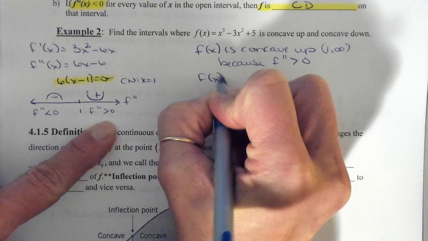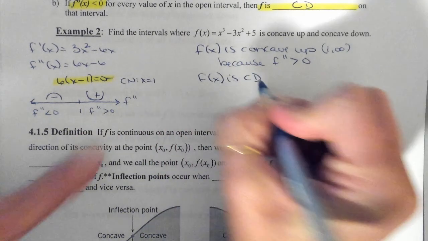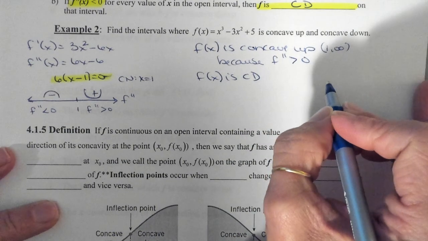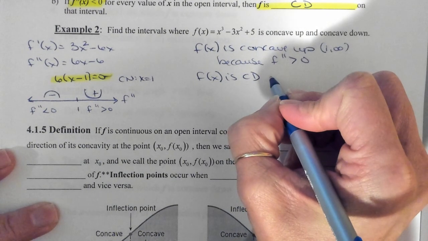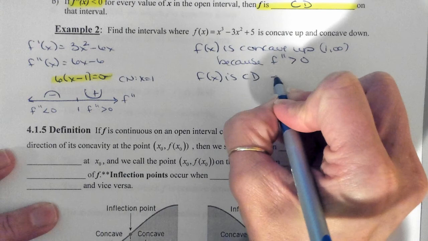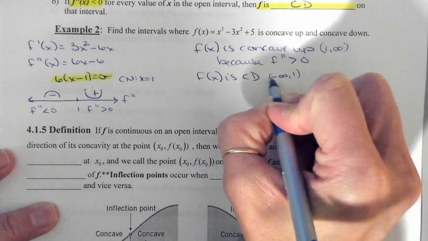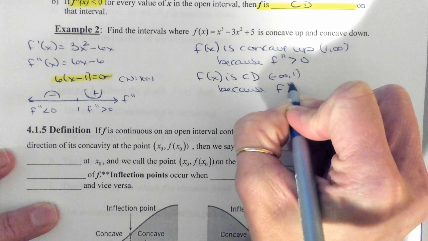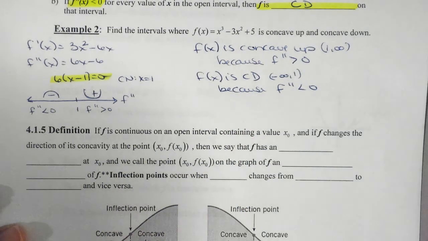Then we would also say that f of x is concave down. I just use the notation. From where to where? Yep, negative infinity to 1, because f double prime is less than 0. Okay, questions on concavity?